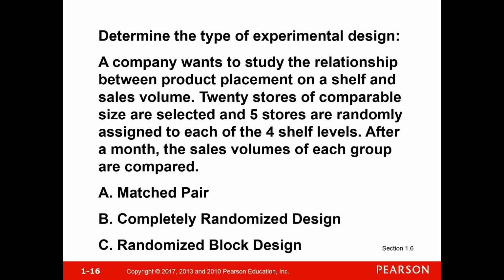So then finally, determine the type of experimental design. A company wants to study the relationship between product placement on a shelf and sales volume. 20 stores of comparable sizes are selected and 5 stores are randomly assigned to each of the 4 shelf levels. After a month, the sales volumes of each group are compared.